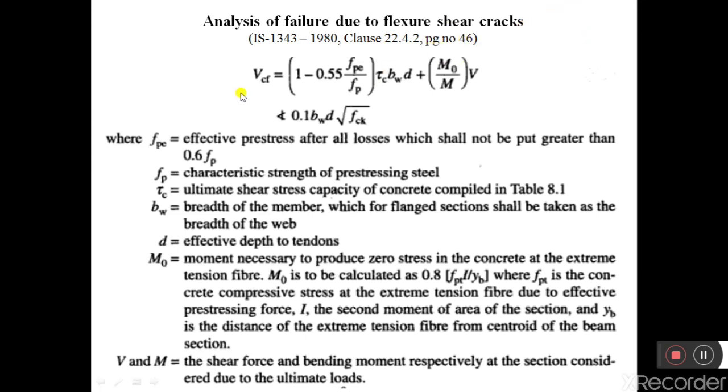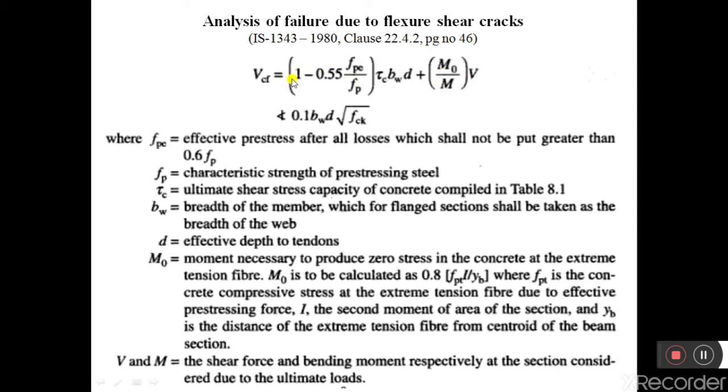The formula to calculate the ultimate shear resistance of a prestressed concrete member under flexural shear crack is VCF equal to (1 minus 0.55 FPE by FP) tau C BW D plus M naught by M into V. It is given in the code book, so there is no need to remember the formula.